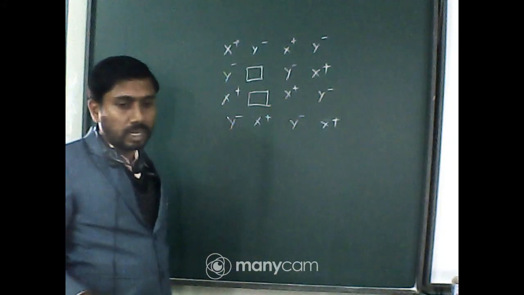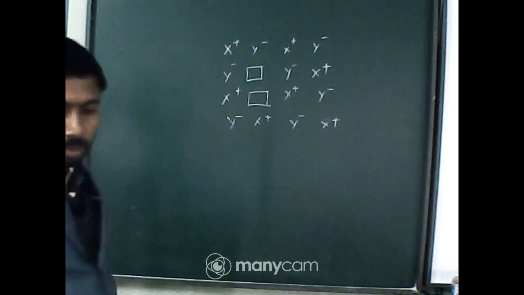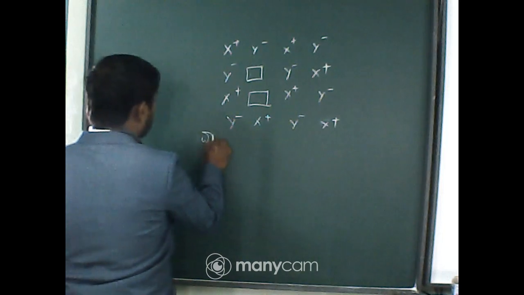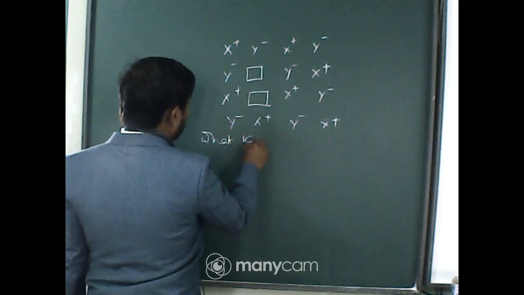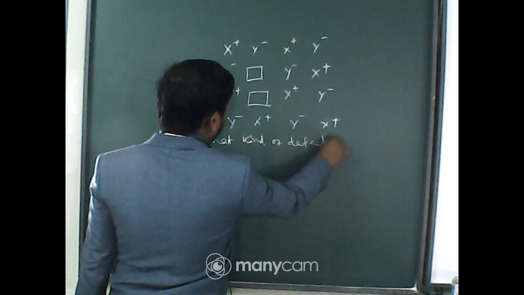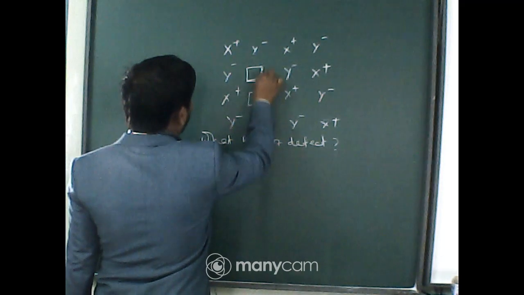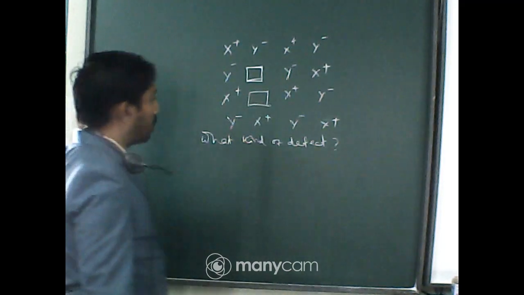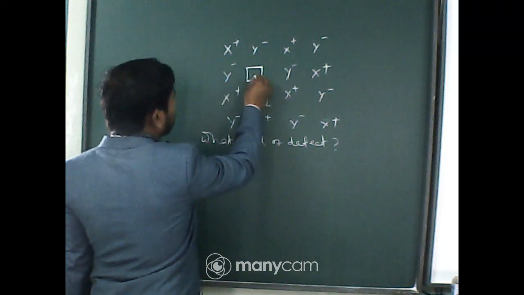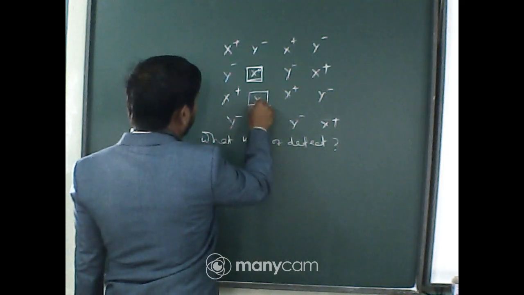Then what kind of defect is this? For such a question, see that an equal number of cations and anions is missing. It is the place for x plus and it is the place for y minus.